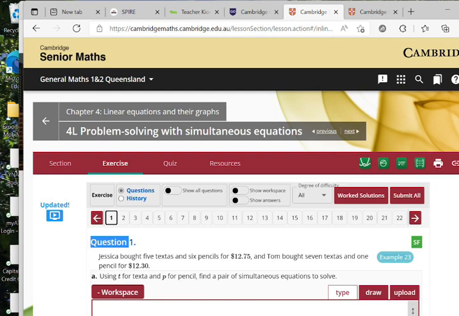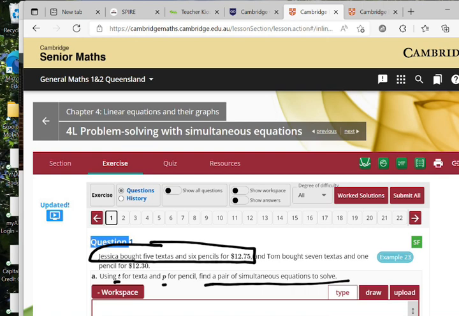Sorry, let me reset that. All right. Using T for texta and P for pencil, find a pair of simultaneous equations to solve. So they don't even ask you to solve them yet. They're just asking you to write a pair of equations. So here we go. Look at Jessica's sentence. She bought 5 of those and 6 of those, and she paid $12.75.